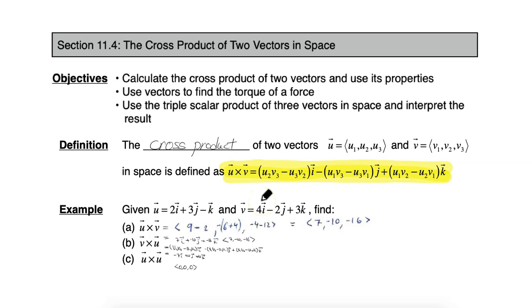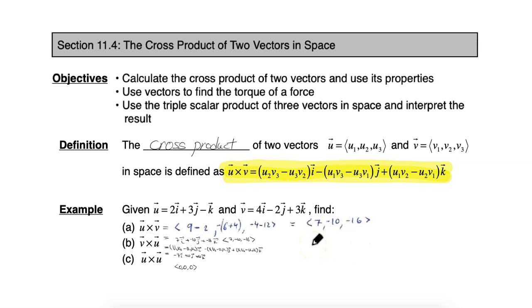For the other two components, remember we change the sign, so let's just do 2 times 3 equals 6 minus negative 1 times 4, so plus 4, and with a negative sign in front, it yields negative 10. And finally, for the last component, we'll have 2 times negative 2 minus 3 times 4, so negative 16.